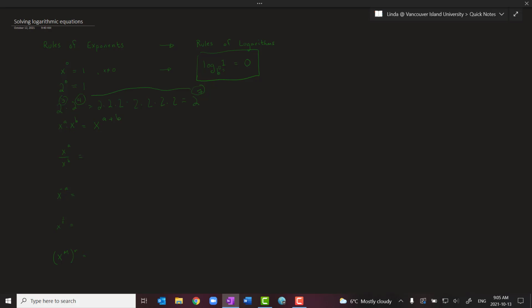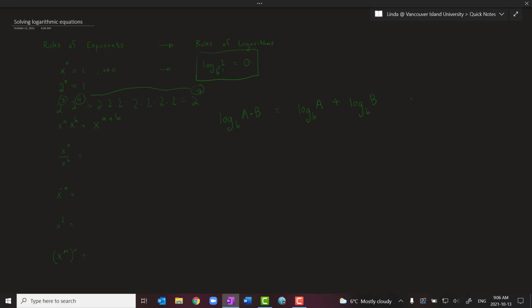Okay, so remember, logs are exponents. So if we have log base b of a times b, so if we're multiplying, then what we do is we add the exponents. So the exponent that would create the a is log base b of a, and the exponent that would create the b is log base b of b.